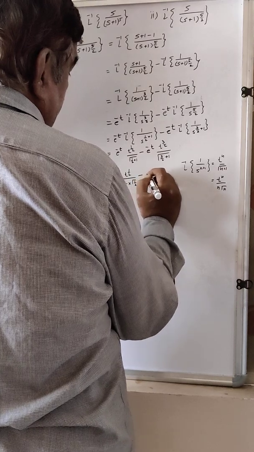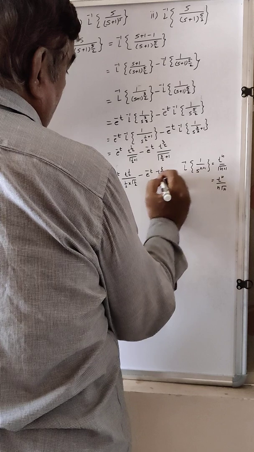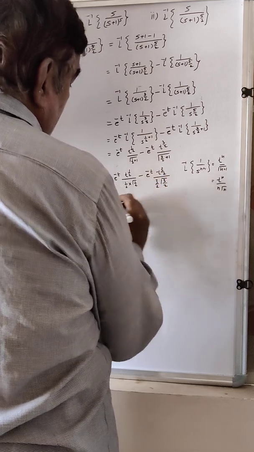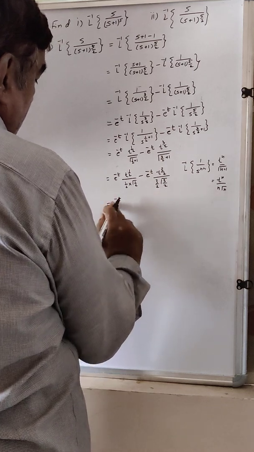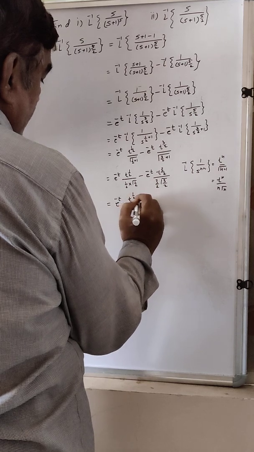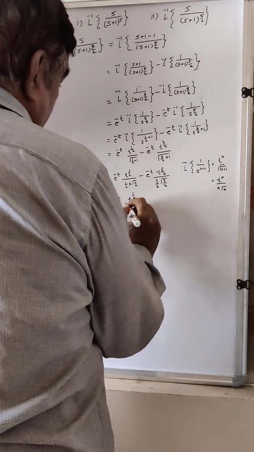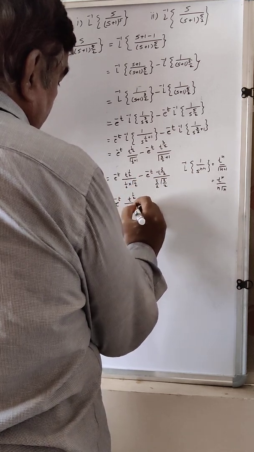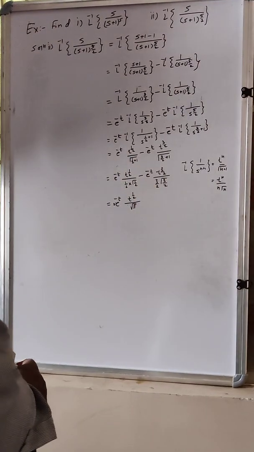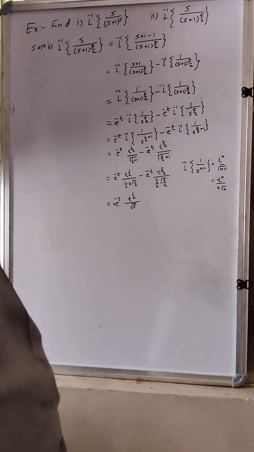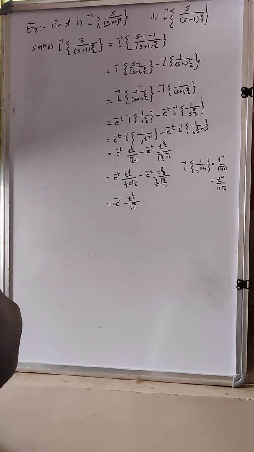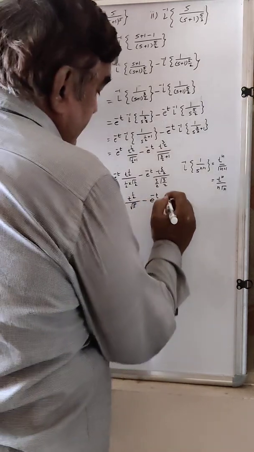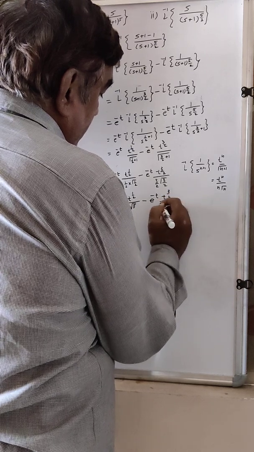minus e raised to minus t, t raised to 3 by 2 upon 3 by 2 gamma 3 by 2 is equal to e raised to minus t, t raised to 1 half upon, here 2 gamma pi, gamma 1 half, that is root of pi, minus e raised to minus t, t raised to 3 by 2 upon 3 by 2.